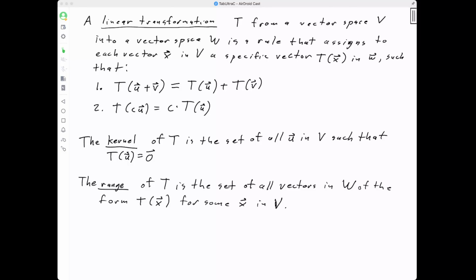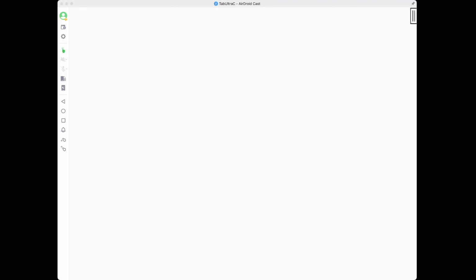So this is a very theoretical idea, but it turns out that these linear transformations, if I think of a linear transformation from R2 to R2, so we're going to move from a vector containing two elements to a vector containing two elements, so two numbers to two numbers, that linear transformation can be represented, or another way to think of it is the other way around, with a 2 by 2 matrix.